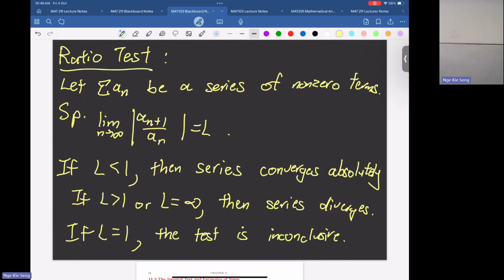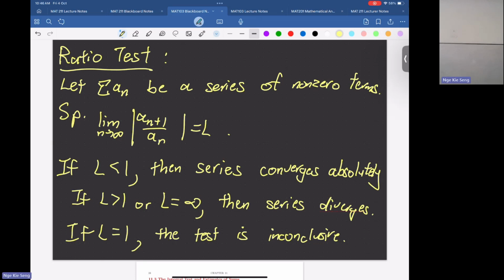The next term is pretty small compared to the previous term, small enough that you can show the series converges absolutely. This is the rate of decrease that you need to make sure your series converges, when you compare two consecutive terms. But what happens if this ratio is greater than 1 or infinity? Meaning what?